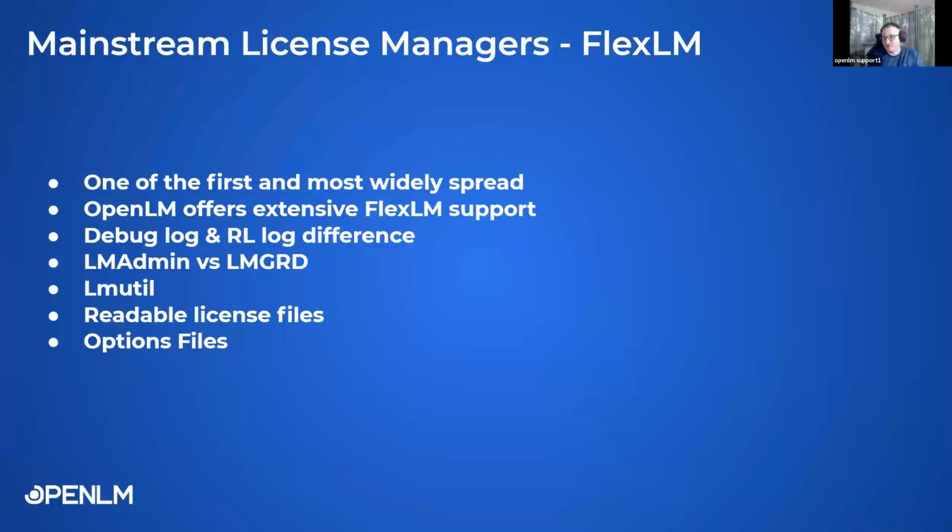It offers you a web interface through which you can do basic management of the license manager. And of course, the LM util command, which is the backend. It allows you to manipulate the system, to get statistics of the system, to get usage. And I will show you in some examples how the OpenLM Broker then interacts with the LM util command.